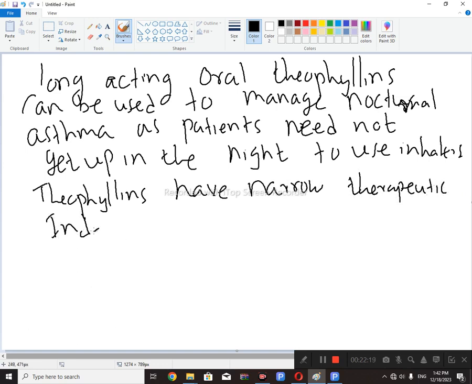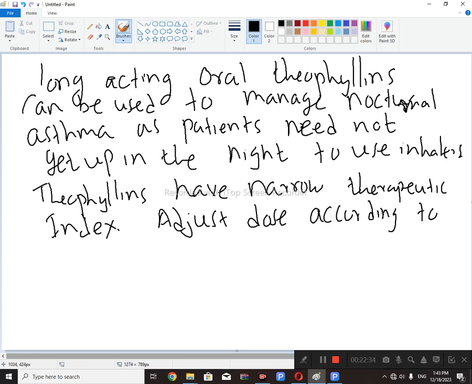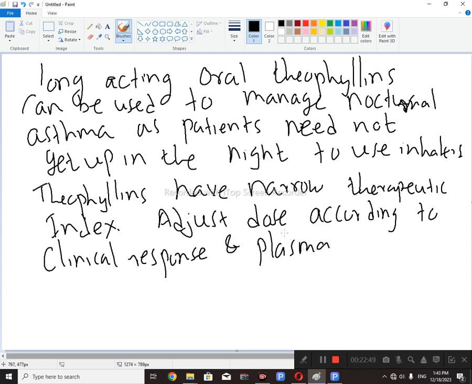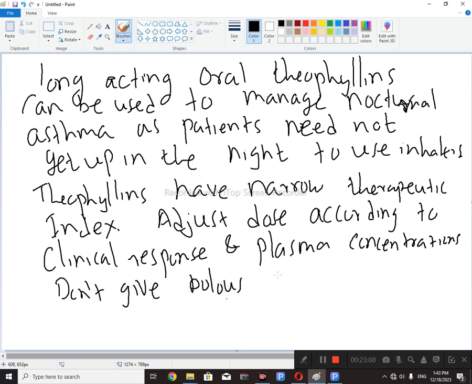Adjust dose according to clinical response and plasma concentrations. Don't give bolus IV theophylline.